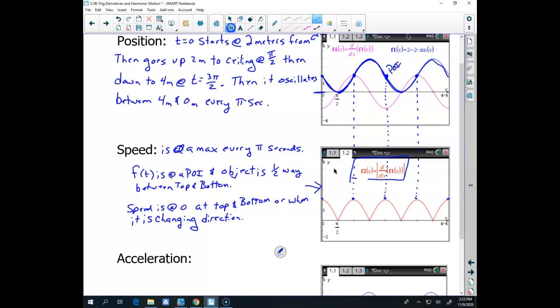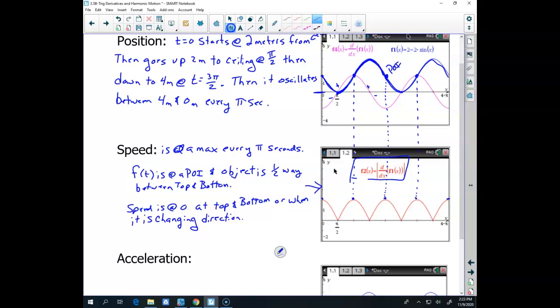I can see negative to positive on my velocity curve, change direction, down, up. I can see positive, negative, change in direction. I can see down, up, changing direction. I can see all of that good stuff on there.